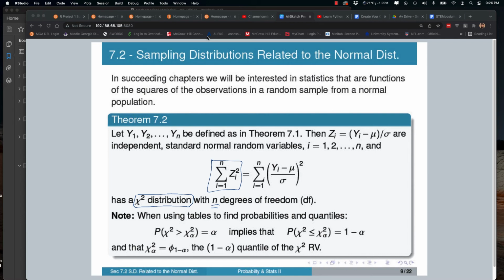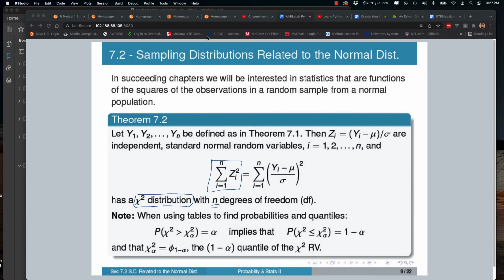One thing I want to note here, and I'll put more information on the next slide: the only way you can find the quantiles or percentiles of the chi-square distribution is either with technology or with the tables. With technology, I'm only doing R, but I will show you both methods. When using the tables to find probabilities and quantiles, the alpha value is very meaningful.